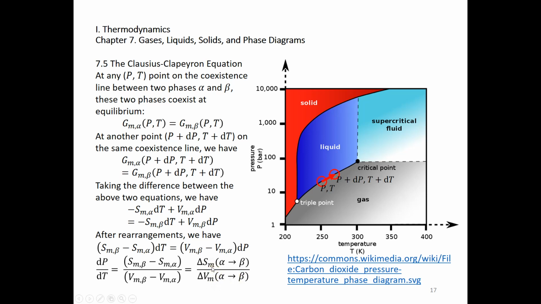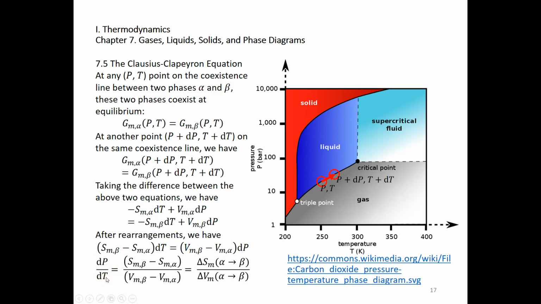This m stands for molar. We're looking at the alpha to beta transition, therefore we have beta phase minus alpha phase. Beta is the final state, alpha is the initial state in this transition from alpha to beta. And we have an expression for dP over dT.